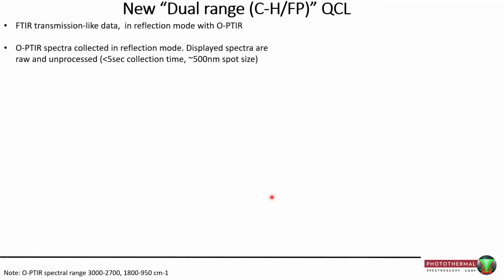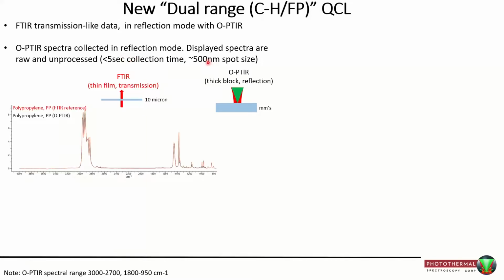And just to give you some examples of how the spectra look compared to FTIR transmission reference libraries, I'm going to show you FTIR transmission data that have been collected in transmission mode of thin films. And I'm going to compare that with O-PTIR data that have been collected in reflection of thick blocks. These spectra have been collected in about 5 seconds with about 0.5 micron, so 500 nanometer, spot sizes. That's polypropylene.